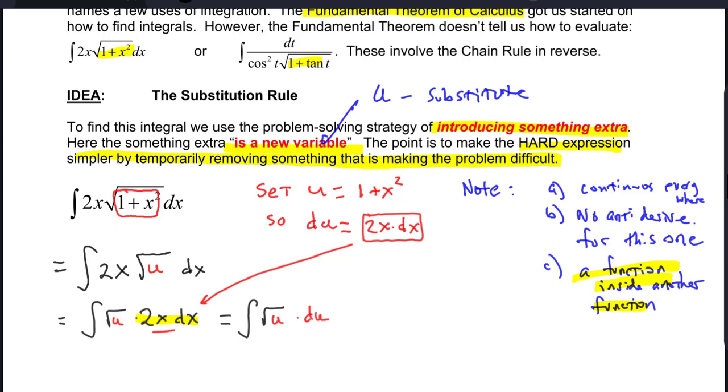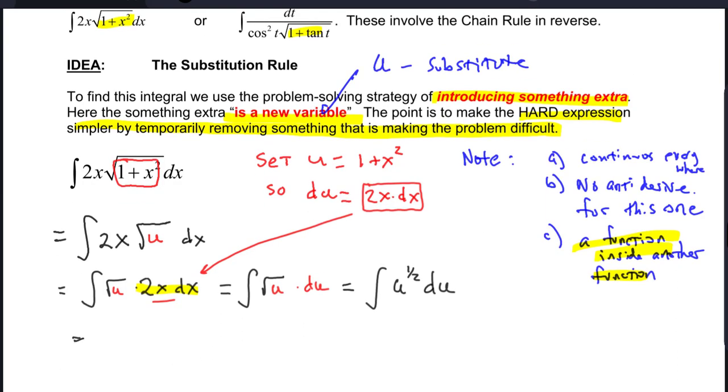Now, with this little tricky technique of taking a u and substituting it in and changing the function around, I have an integral that is quite easy to do. I'm going to integrate u to the 1/2 power du. And that's a power function, so the 1/2 power goes up by 1.